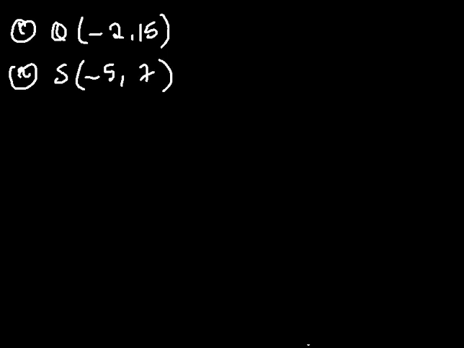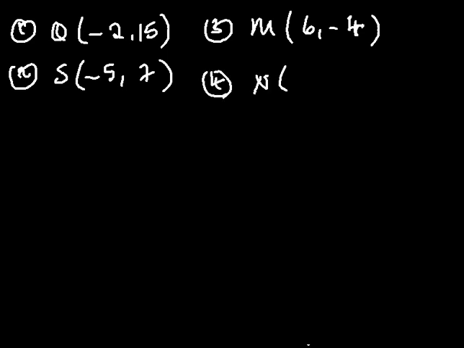We have the first point, point Q, (-2, 15). Let's say point S, (-5, 7). Point M, (6, -4). And point N, (-8, -7).